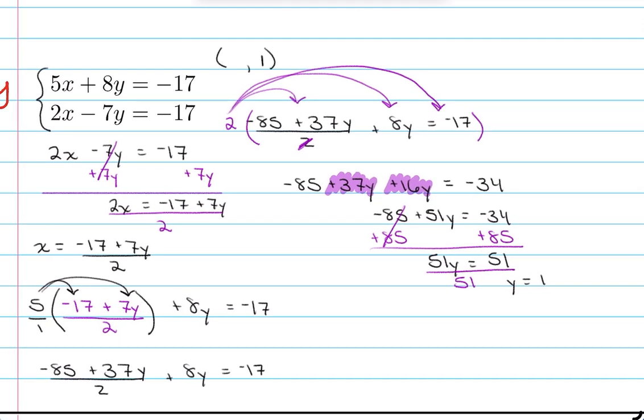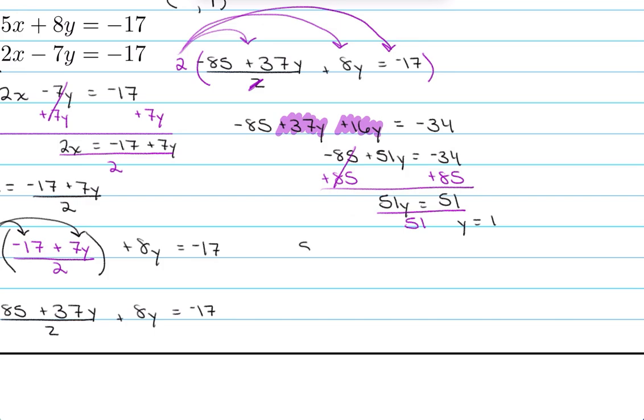Now I'm going to solve for the x. Remember, we're going to take this y value and we're going to plug it into either equation, doesn't matter which one, for the y, and solve for the x. Plug it into the top one this time. So I have 5x plus 8y, which is 1, equals negative 17. So I have 5x plus 8 equals negative 17.